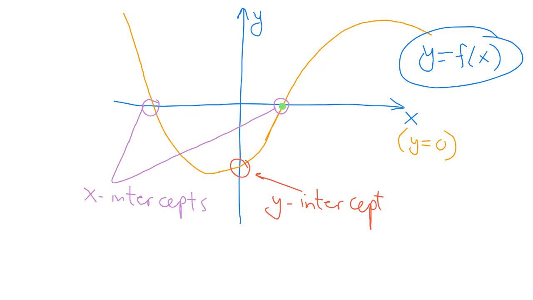So y equals f of x, but y must be 0. So what we conclude? We conclude at these points, f of x must be 0. Okay, so for x-intercepts, we have to solve this equation, f of x equals 0. So the x-intercepts are the set of solutions of f of x equals 0.